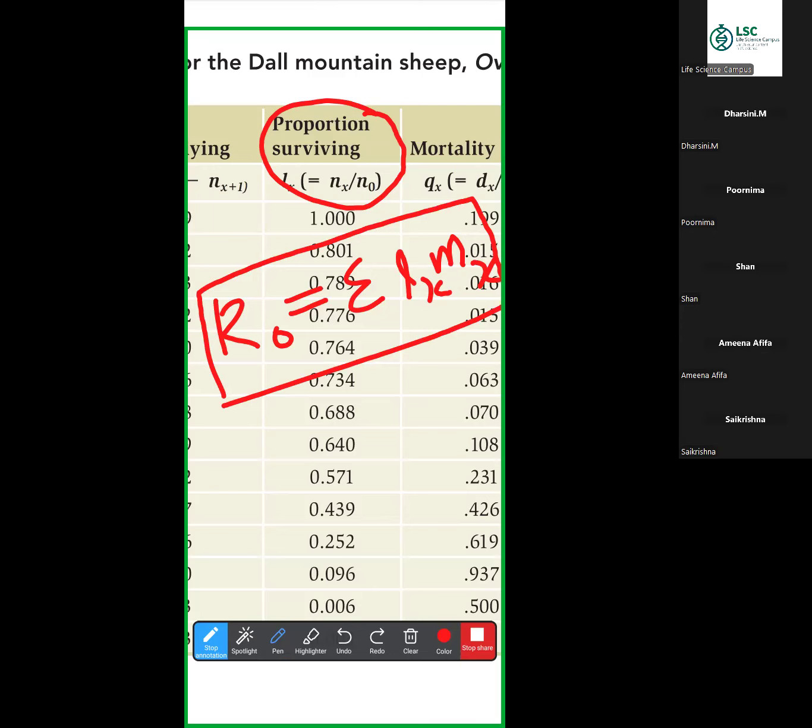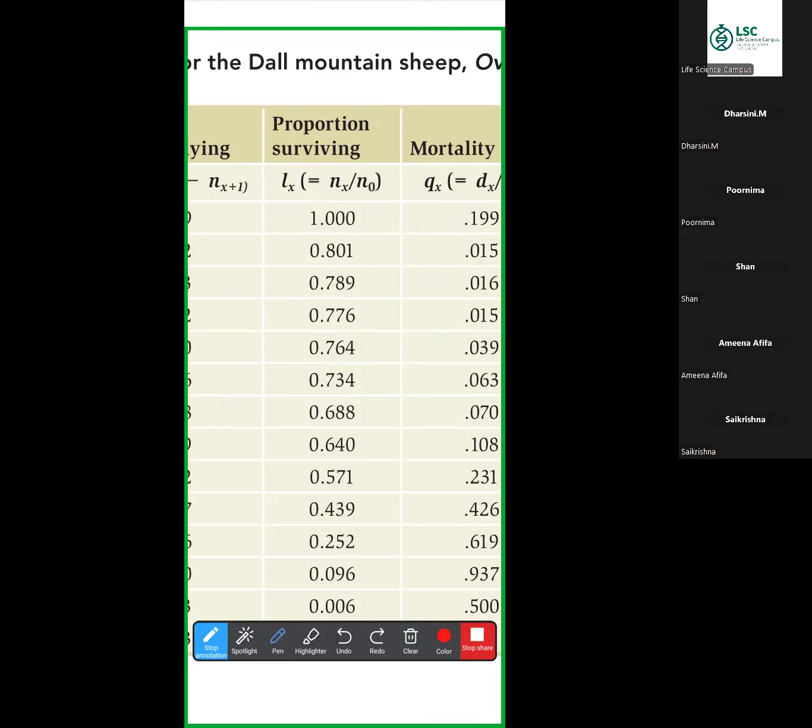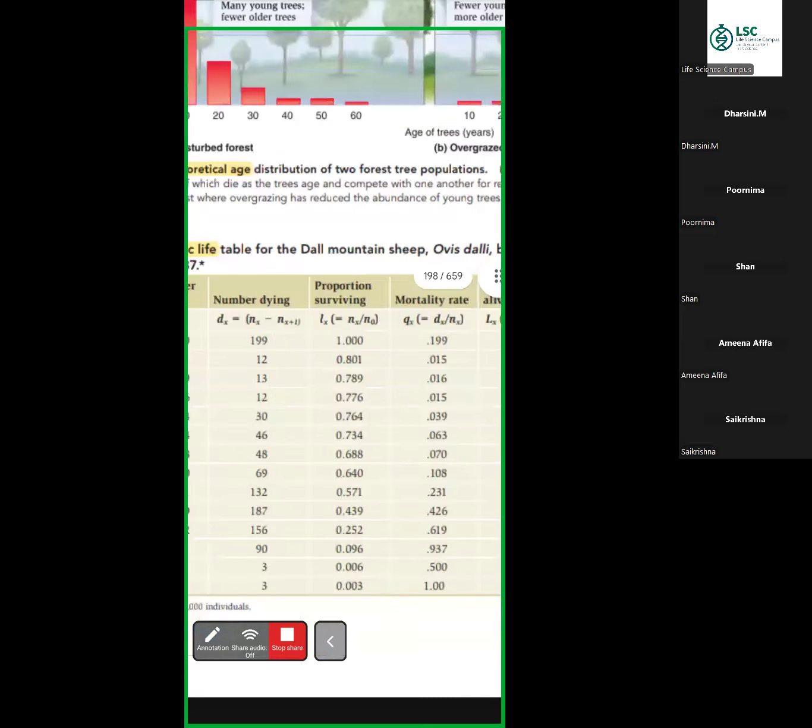That is the net reproductive rate. It is given by sigma lx mx. Sigma means sum. We will do these types of questions. I will show you one example.